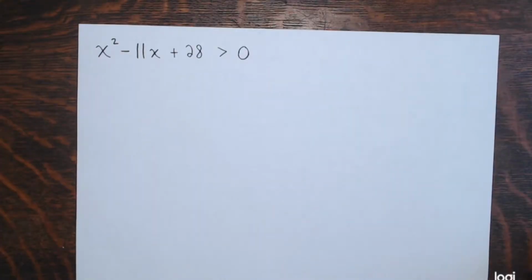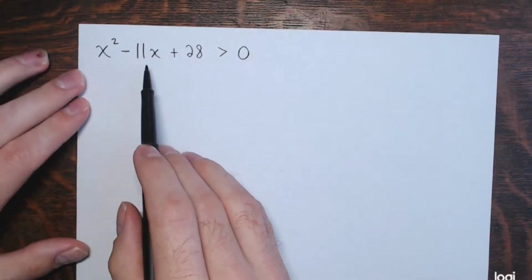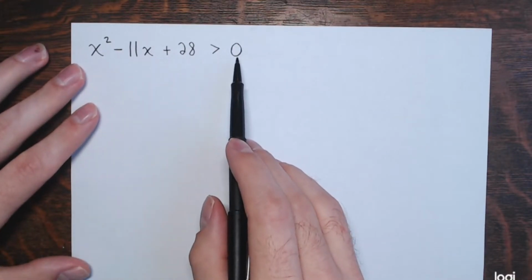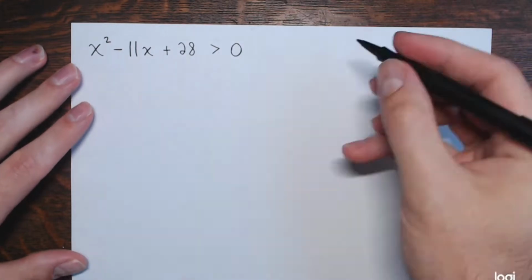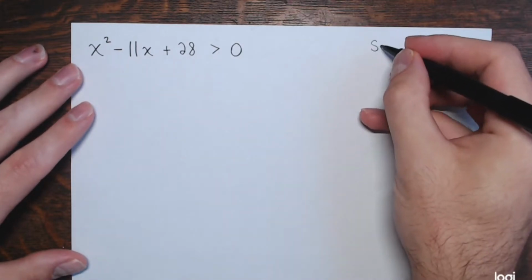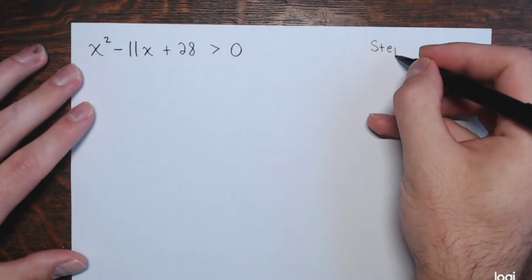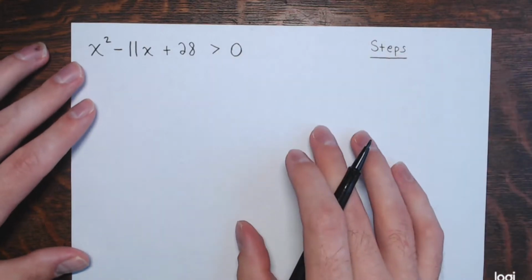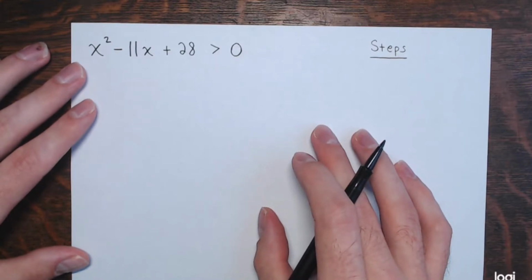Alright, so here's the inequality we're given. Again, it's x squared minus 11x plus 28 is greater than 0. Alright, so I'll write out the steps over here that I'm going to be following for solving one of these quadratic inequalities graphically.